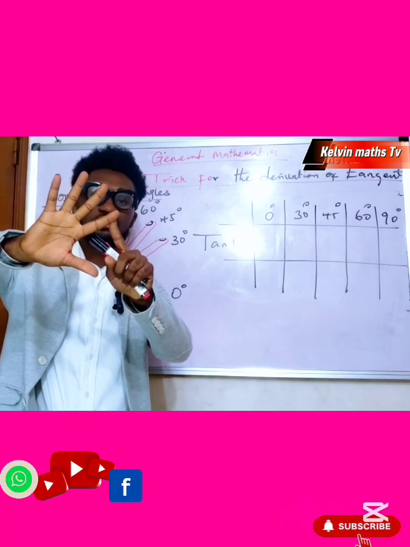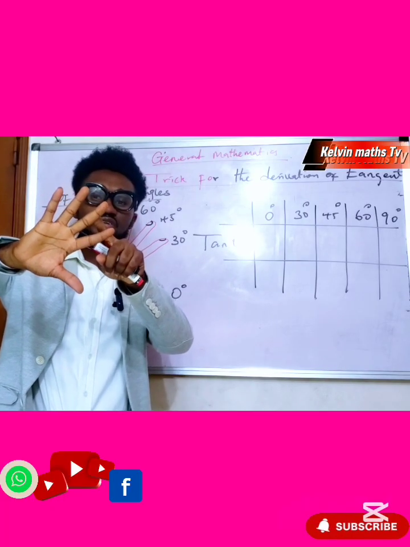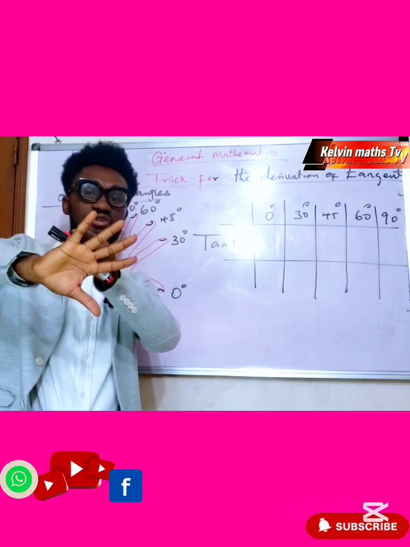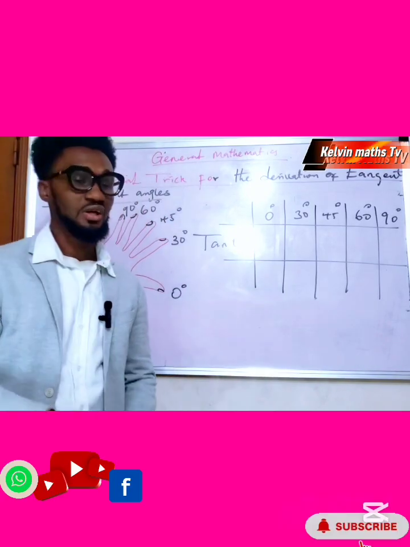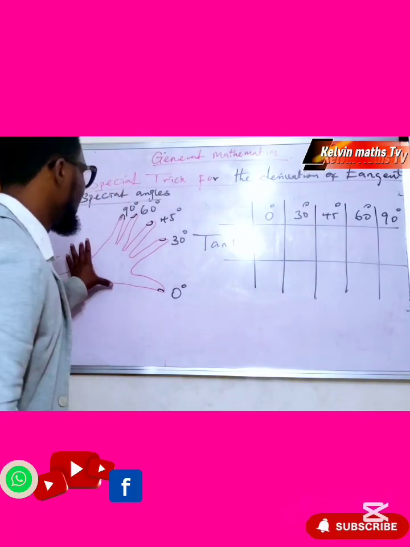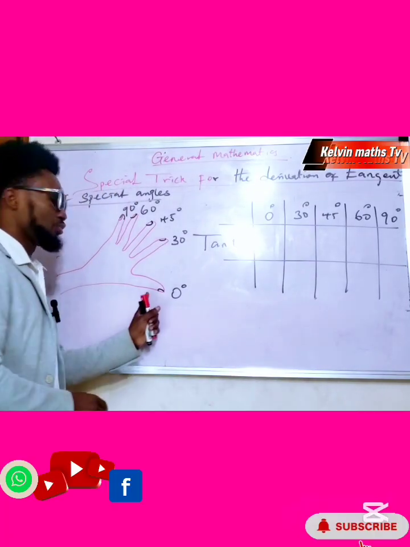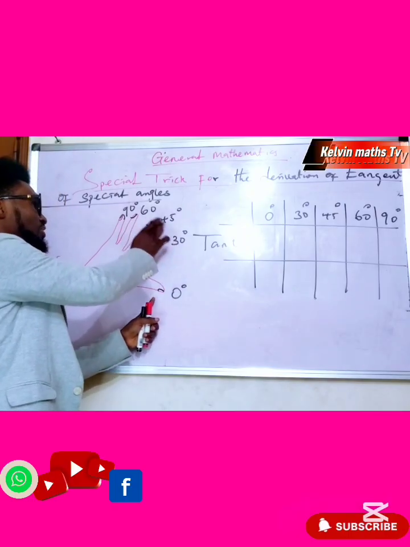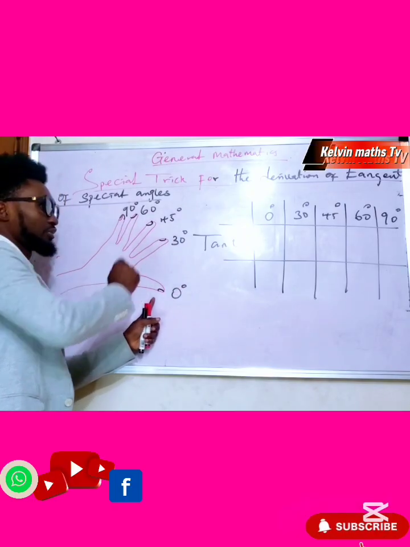This one represents 30 degrees. This one represents 45 degrees. This represents 60 degrees, while this represents 90 degrees. And I sketched it on the board here for you, the same thing that I just explained. Look at it here on the board.